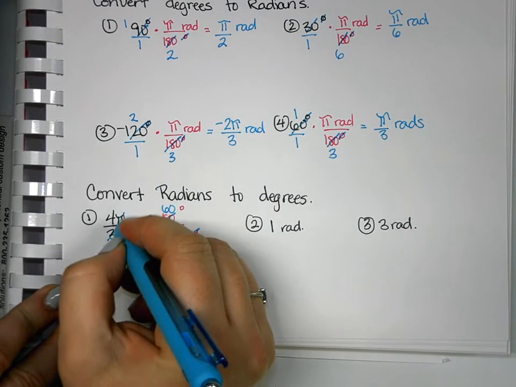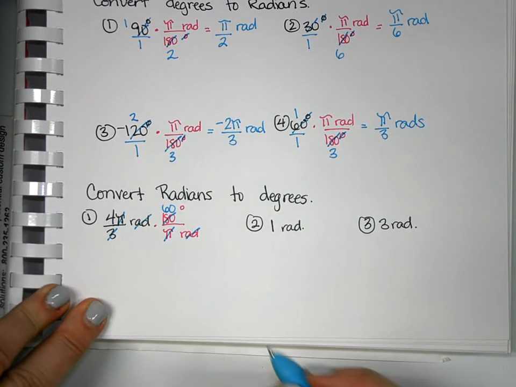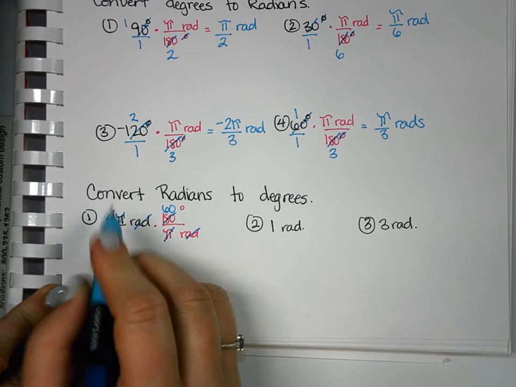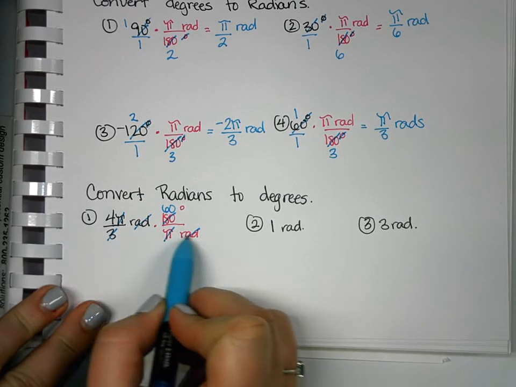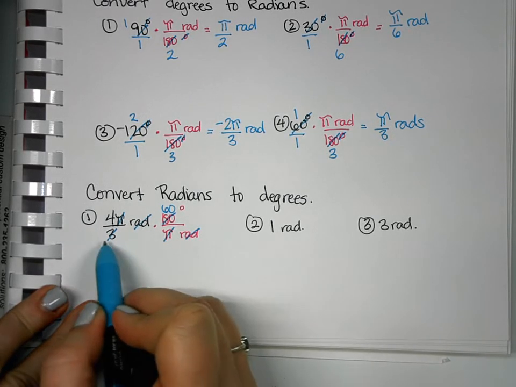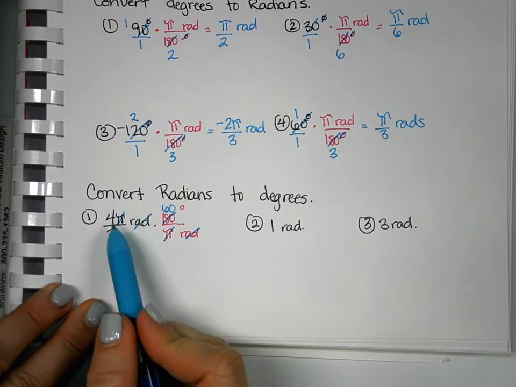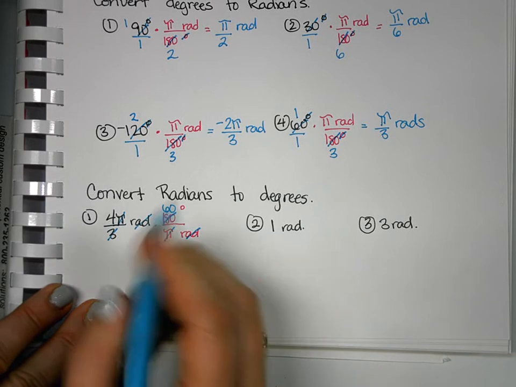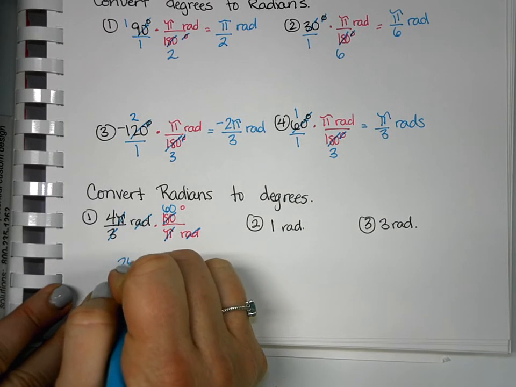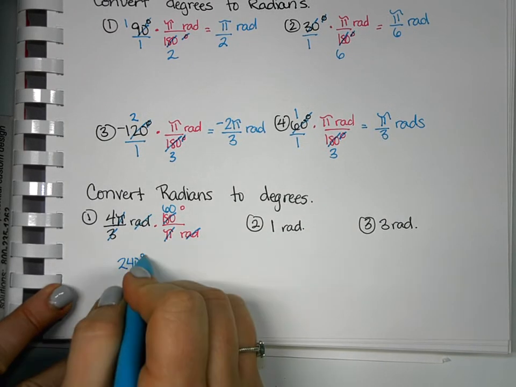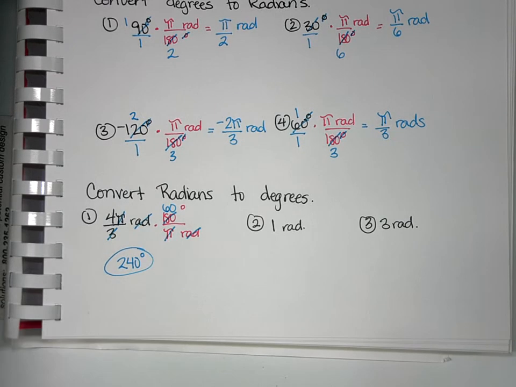The pi's can also cross cancel. So when I look at what's left, I have a 1 on the bottom, in other words my denominators completely went away. On top, I'm left with 4 times 60, so that would be 240 degrees as my converted measurement.